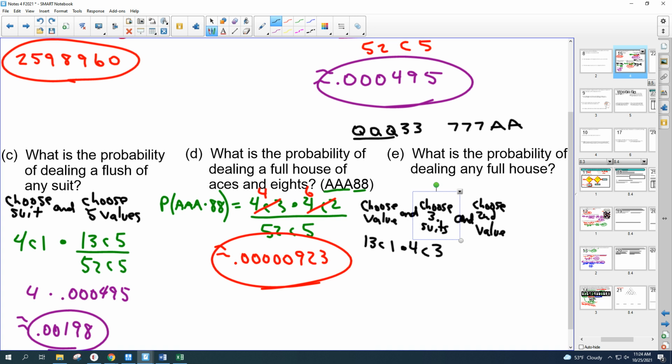How many ways are there of choosing that second value now? There are only 12 now. So we can say 12 choose 1. And after I choose that value, let's say I'm going to give 4s. Now I have to choose which 2 of the 4s, right? Maybe I'll give diamonds and hearts.